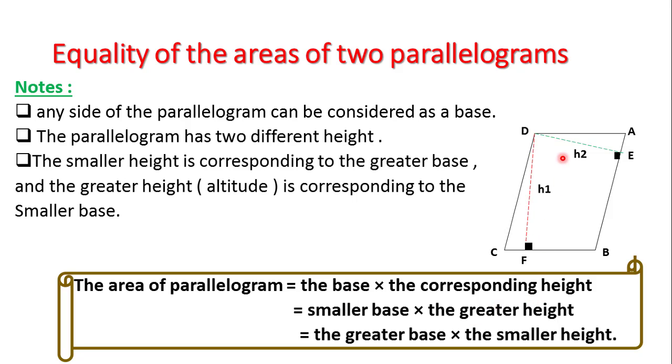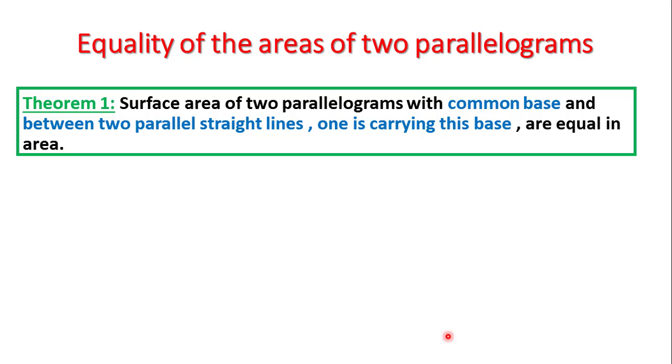For example, here, the area of this parallelogram equals AB times H2 or CB times H1. So the area of a parallelogram equals smaller base times greater height or greater base times smaller height, according to the given in the problem.